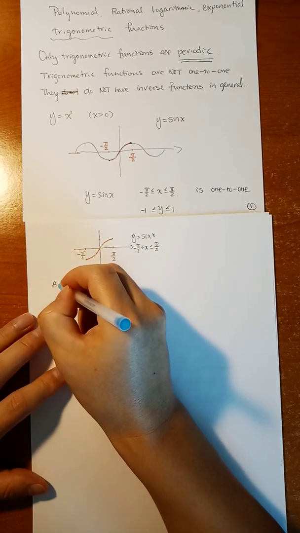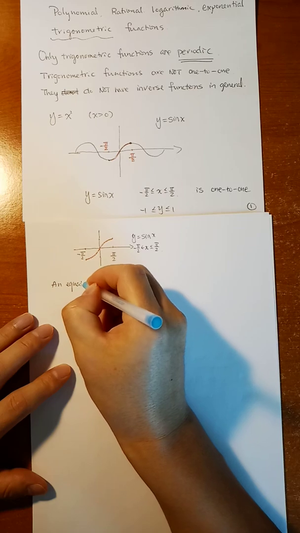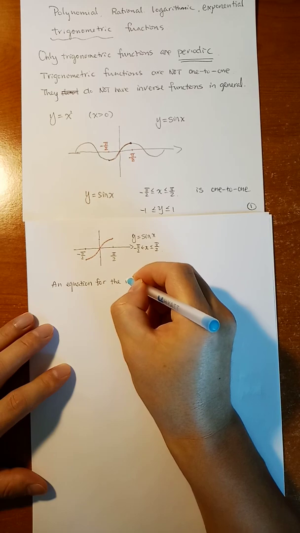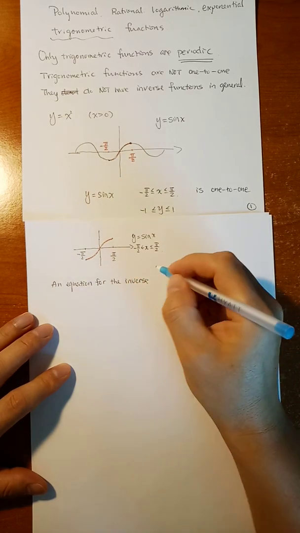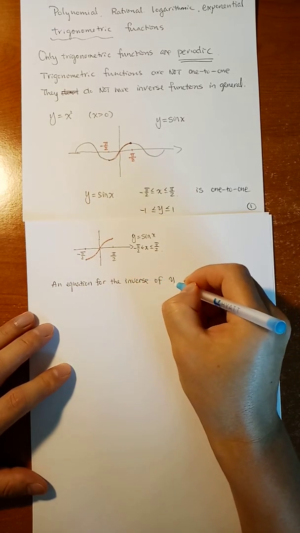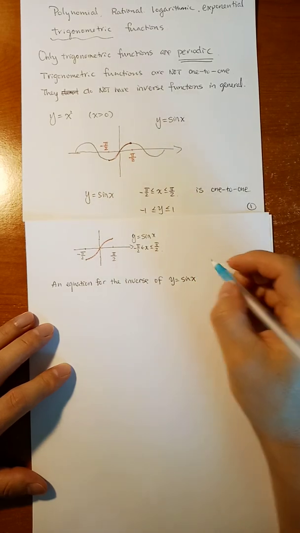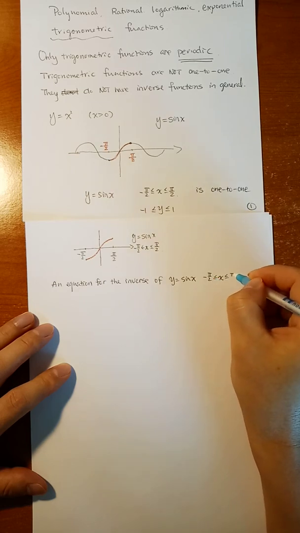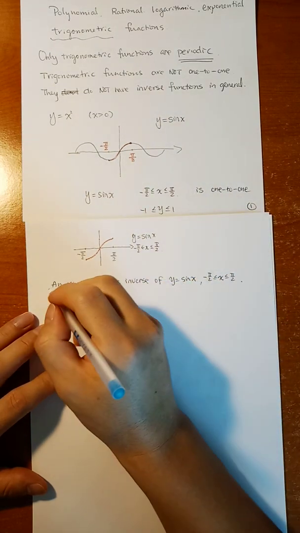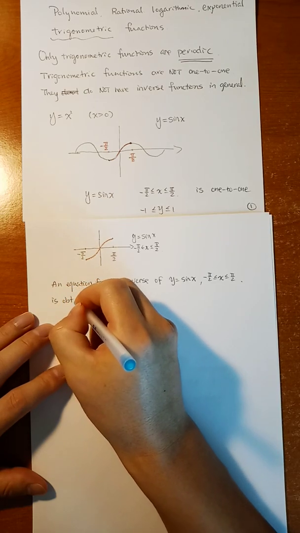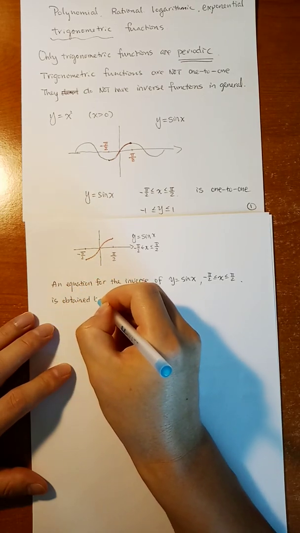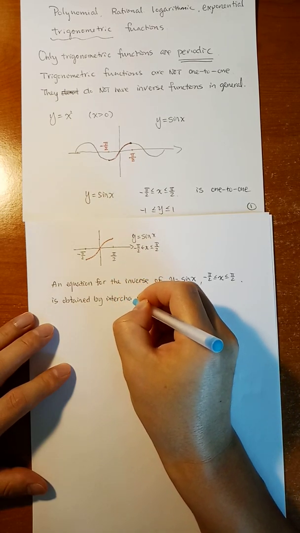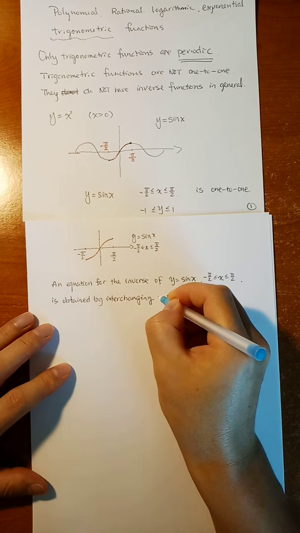An equation for the inverse of y equals sine x, with x bounded by negative pi over 2 and pi over 2, is obtained by interchanging x and y.